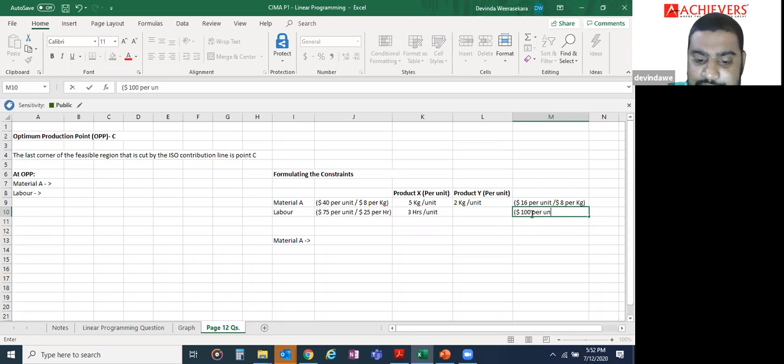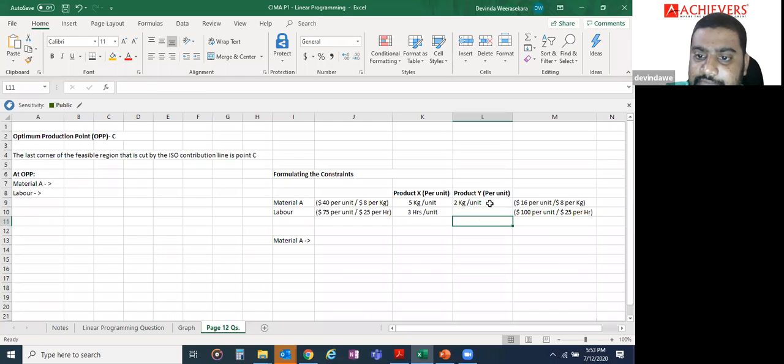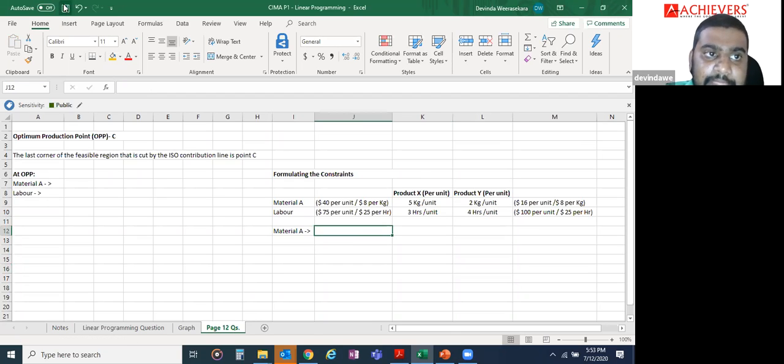So $100 per unit divided by $25 per hour is 4 hours. Clear?